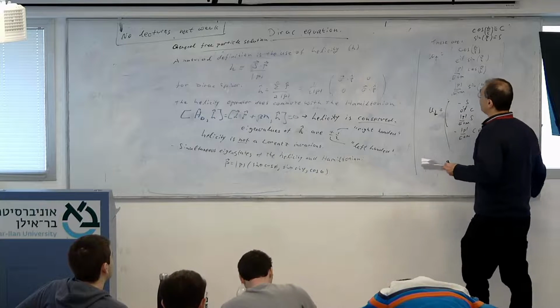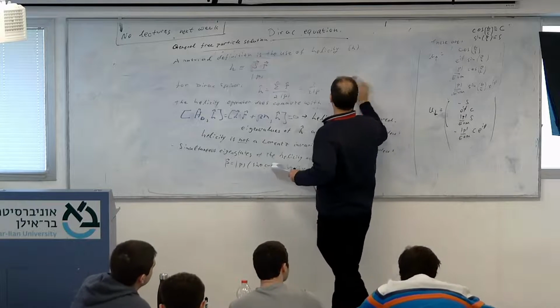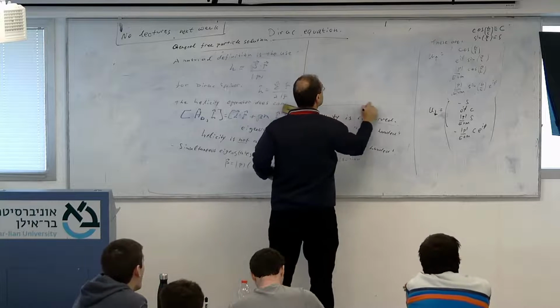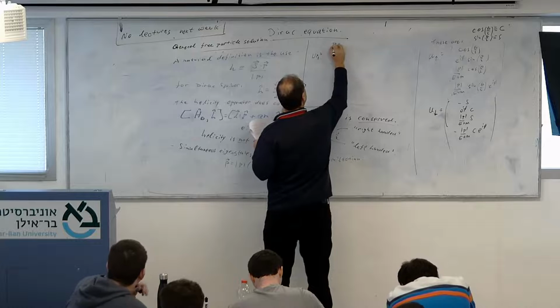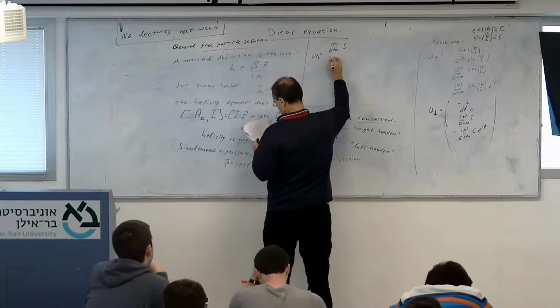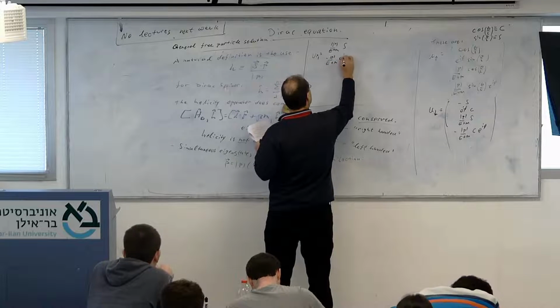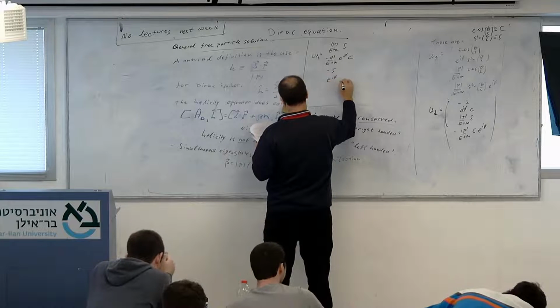And then the v's look pretty much the same. v up would be p over E plus m s, minus p over E plus m e to the i phi c, and minus s, e to the i phi c.